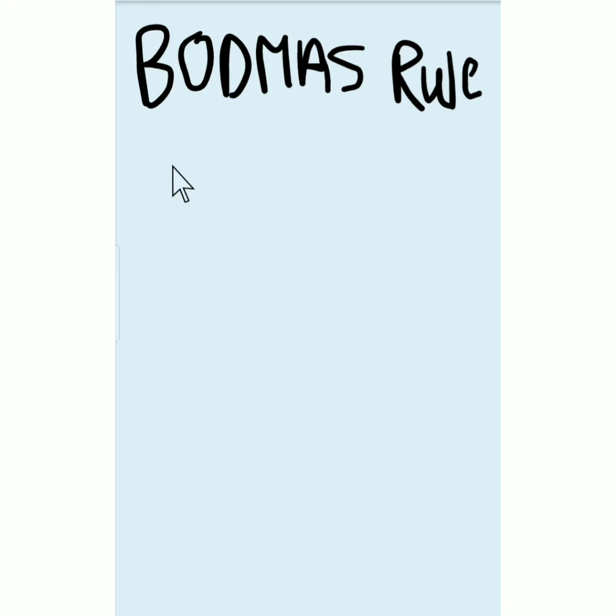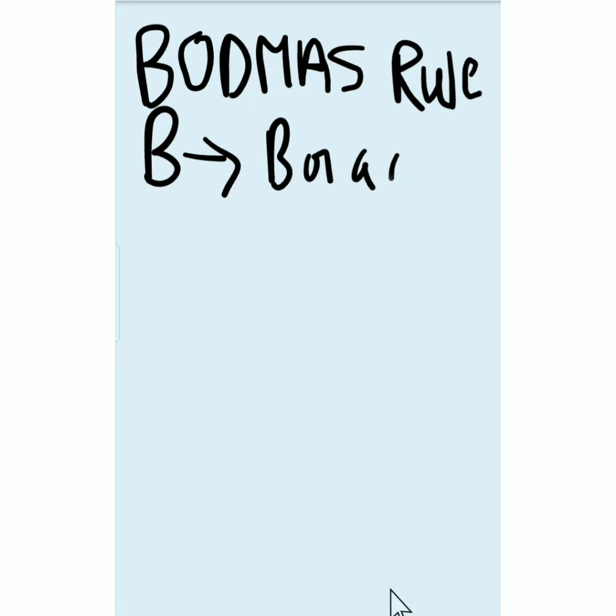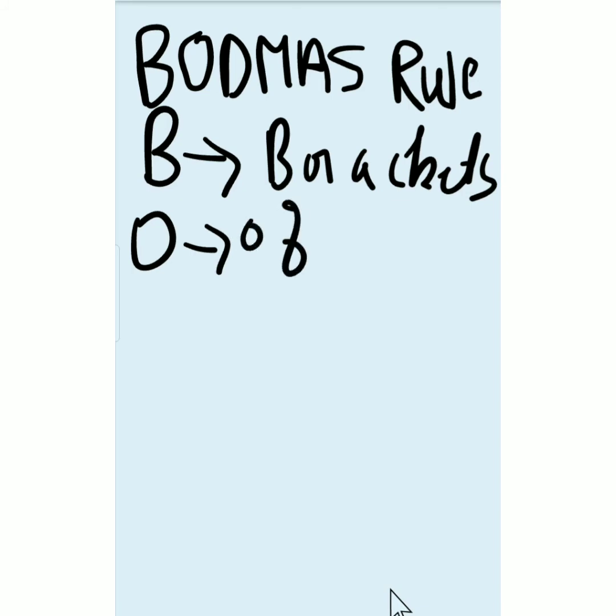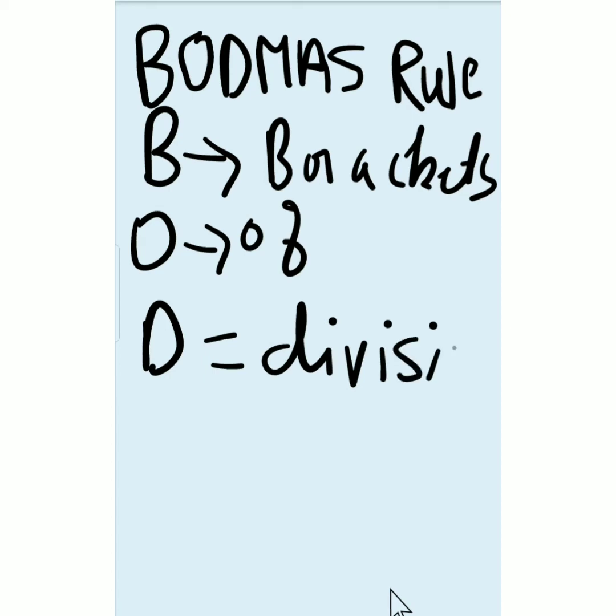Alright, so here B stands for brackets, O for of, and D is division. Division and multiplication are at the same place, and I will tell you how we can figure out which one to do first if they come together.